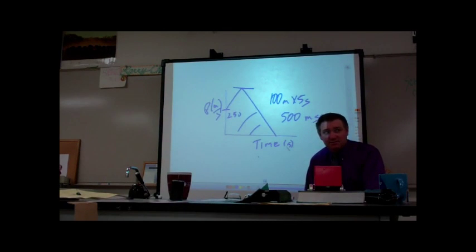Then I'd get meters. Okay? But that only works on velocity time graphs, not on position time graphs, because the units don't have any meaning. Just because you can find an area doesn't mean that it means anything.